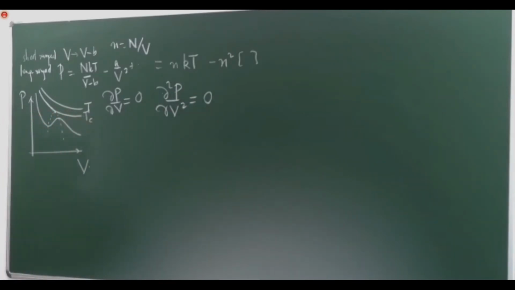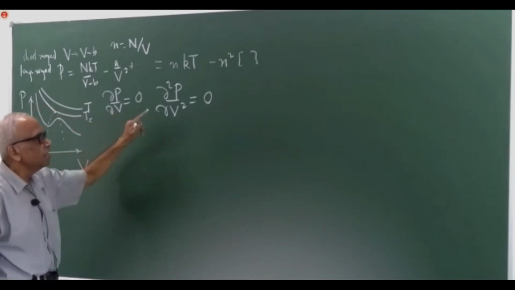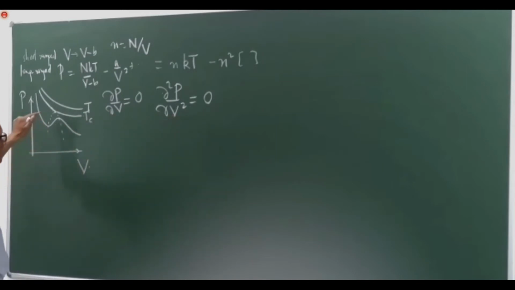So this point is a point of inflection. It is neither a minimum nor a maximum. The curve retains its monotonic character, but just barely. It is in this limiting situation where del P del V and the second derivative are equal to 0, making this a point of inflection.